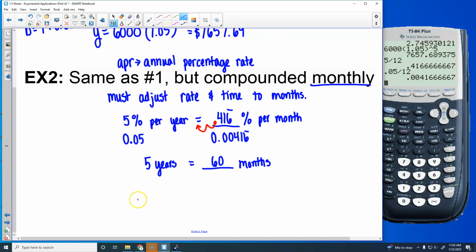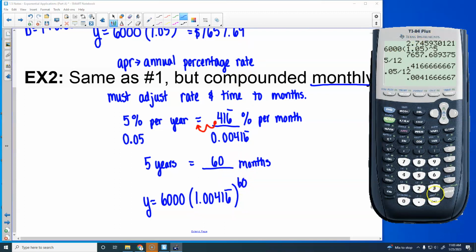For this, we've got our equation for compounded monthly. Principal value is still the same, it's still 600. But we've adjusted our percent, so we're going to have 1.00416 repeating. And instead of using 5 for x, we're going to have 60 right here. And so we'll type that in.